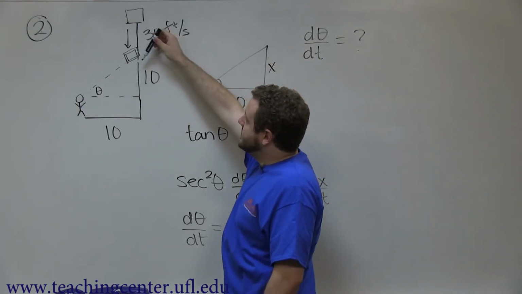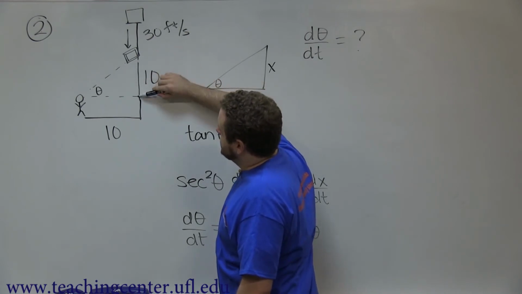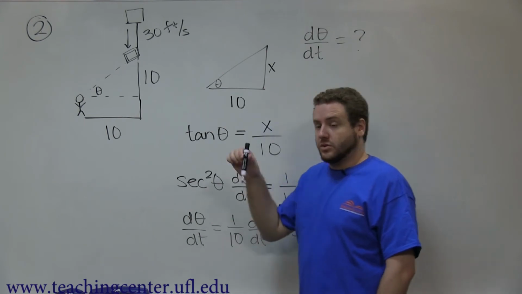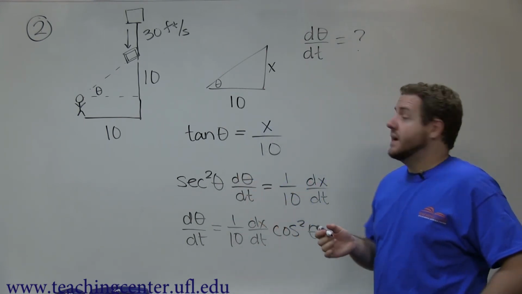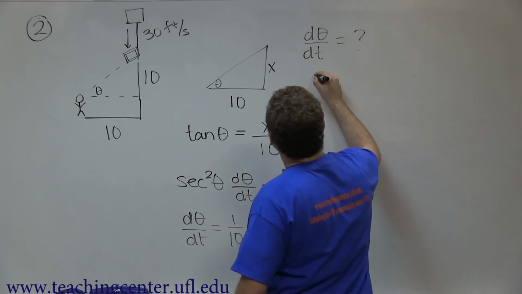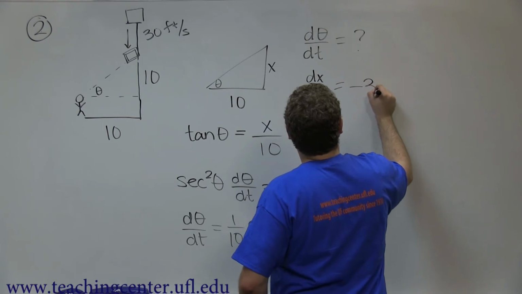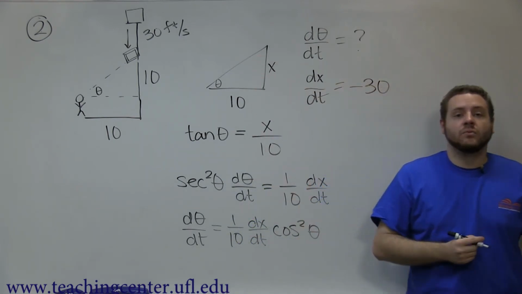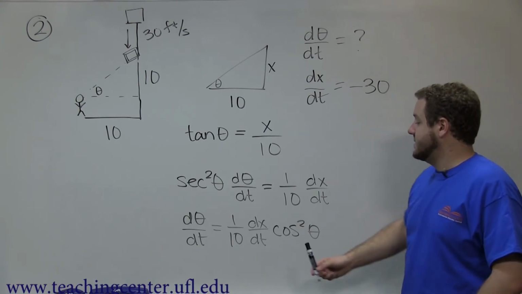Well, if the TV is falling 30 feet per second down, that means this vertical distance from the TV to the guy is getting smaller at a rate of 30 feet per second. So therefore, our dx dt is negative 30, because x is getting smaller at the rate that the TV is falling. So there's our dx dt.